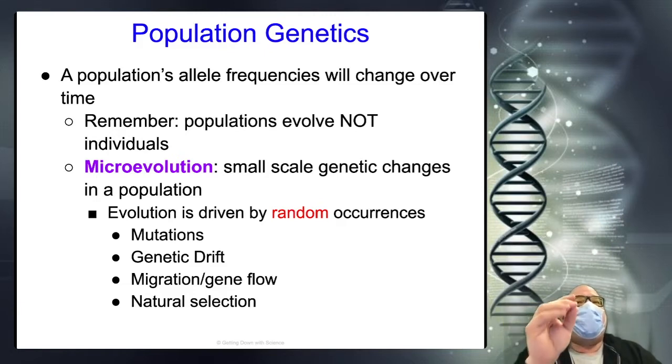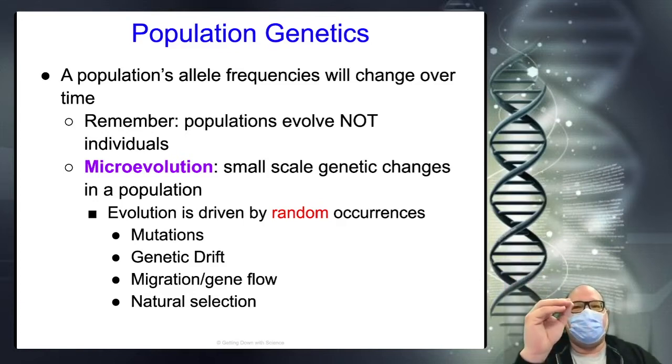populations are what is going to be evolving, not individuals. We do not see individuals evolving, populations evolve. Okay? So microevolution are small scale genetic changes in a population. And those are driven by random occurrences. Okay?